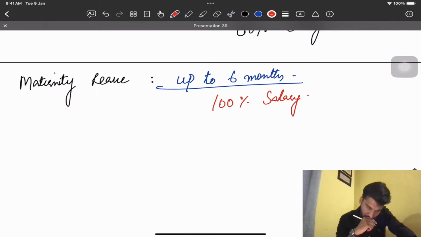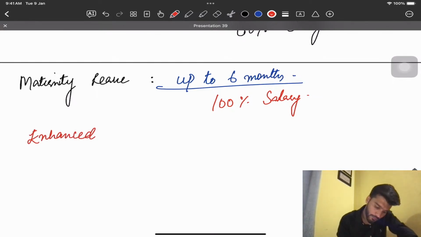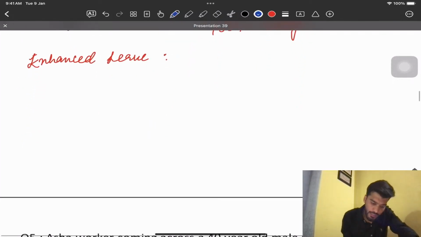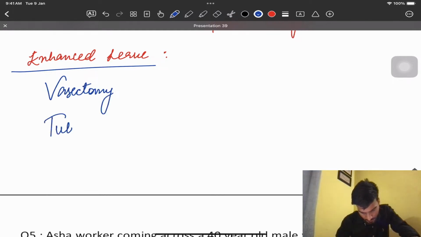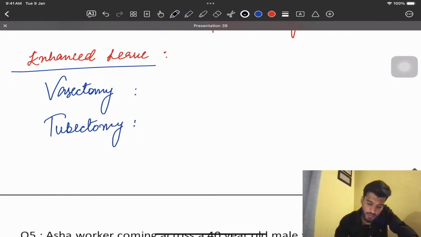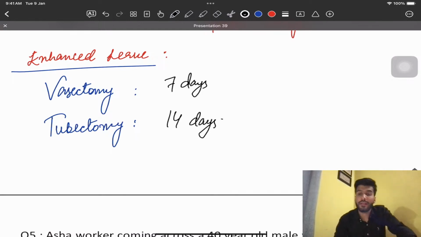Then the enhanced leave: we have vasectomy and tubectomy. For vasectomy the leave will be 7 days, and for tubectomy the leave will be 14 days.